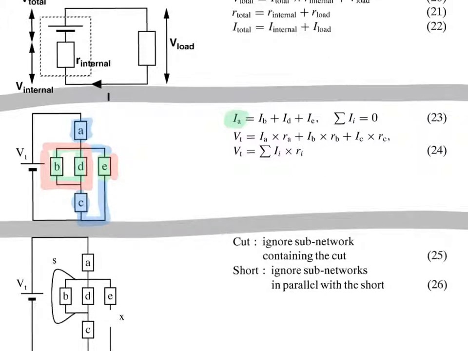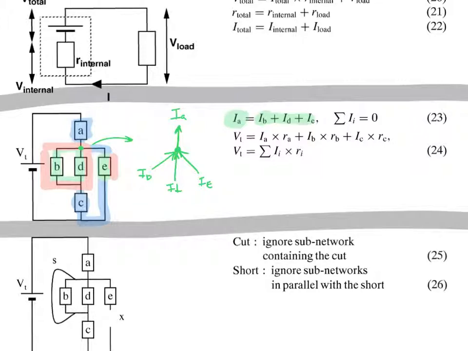And it would have to be the sum of B, D, and E. So one way to think about this node, so I'm going to pull this out here, that node, is in terms of IB, ID, and IE all coming into there and equaling current A.